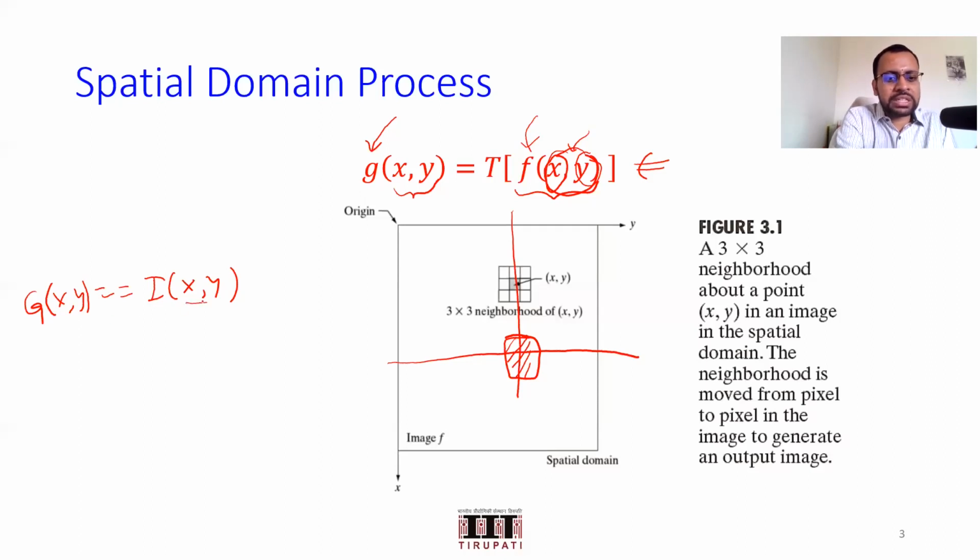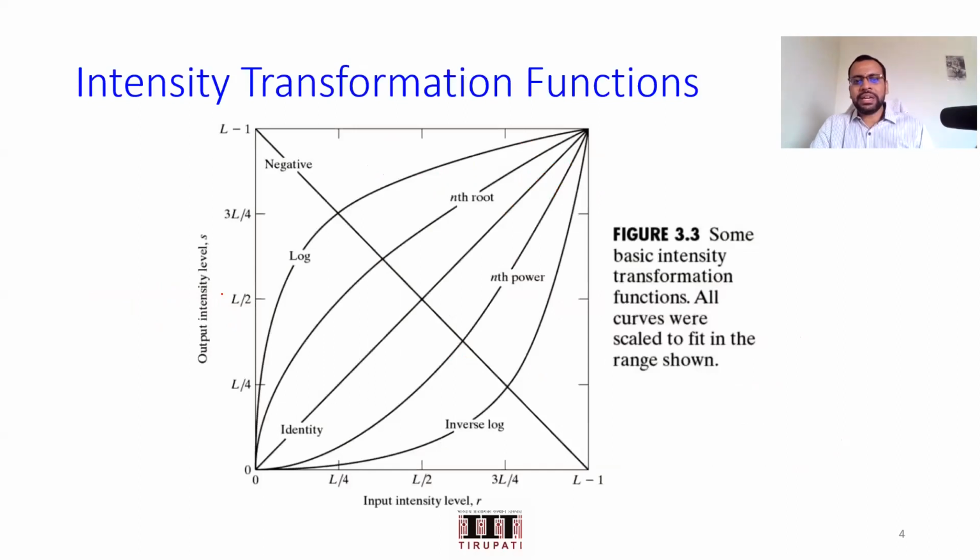The intensity at this location you are replacing with some other intensity g of x, y. For that you are applying a transformation on it. Hope the way we are mathematically defining the intensity transform is clear. Any question there?